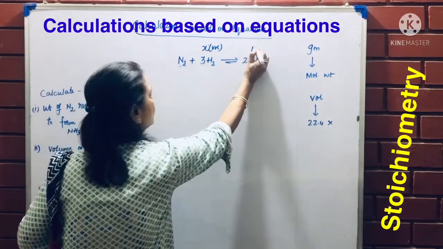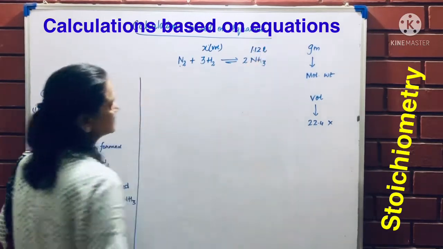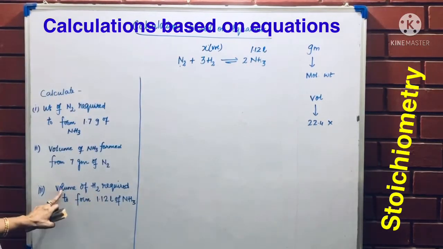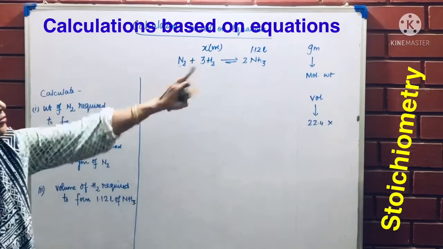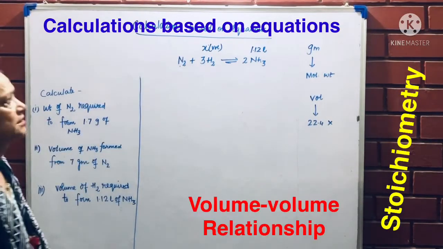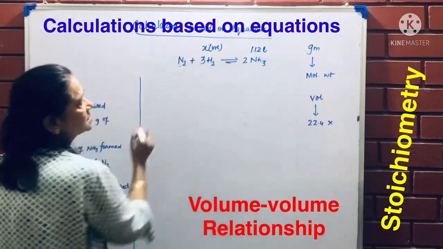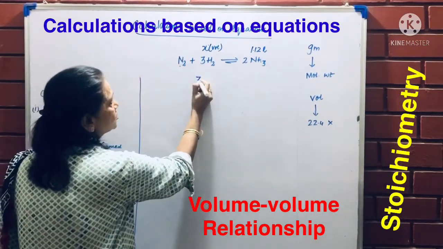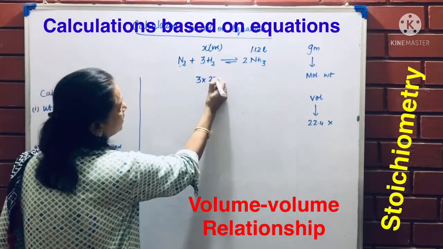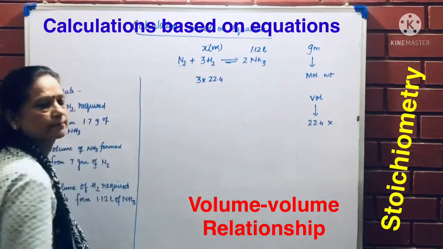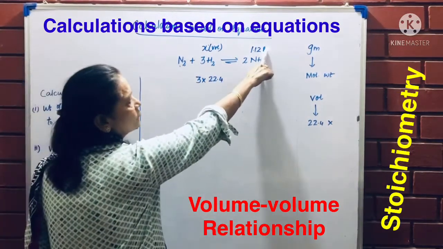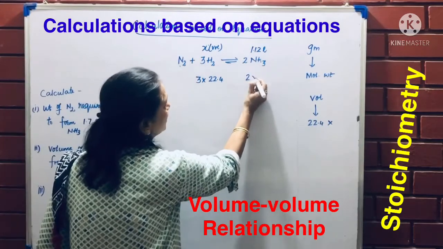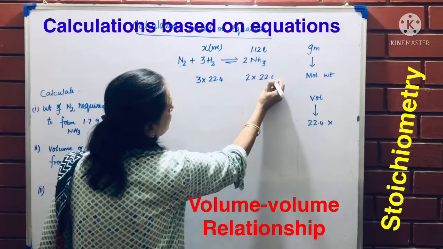This is 1.12 liters of ammonia. Volume of hydrogen required to make 1.12 liters of ammonia. Now this is in volume. I'll have to write 22.4 liters. So 3 into 22.4 liters. This side again, this is in volume, liters. I'll say 2 into 22.4 liters.